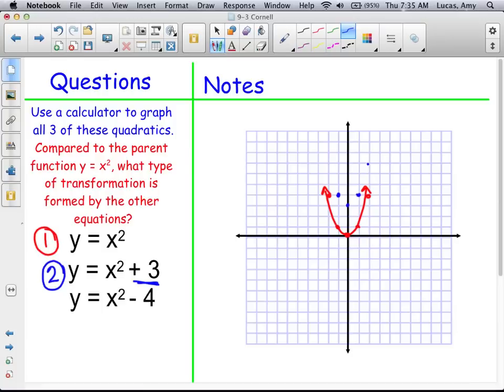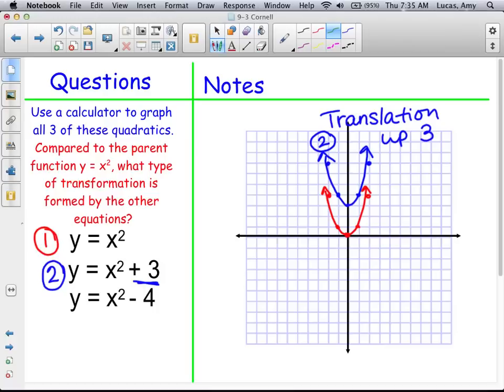So all of the points slide up 3, which makes this a translation. So number 2 is my blue, and that is a translation up 3. So the parabola doesn't change in size or shape, it simply slides up 3.